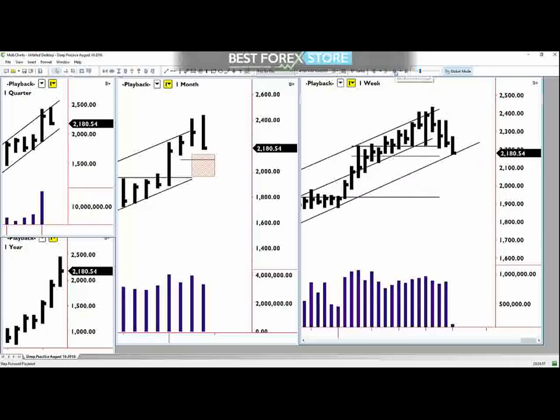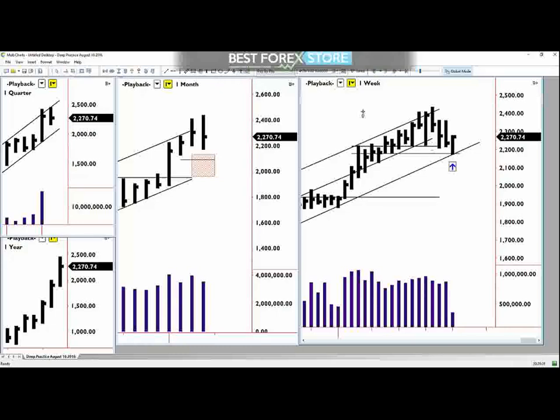So we come down to the demand line in here, and now we're coming into that lower level, which I think was probably more up in here. Now, if we were watching this on the daily, what would this represent for us? A long trade. Yeah, a spring trade would occur in here, right?